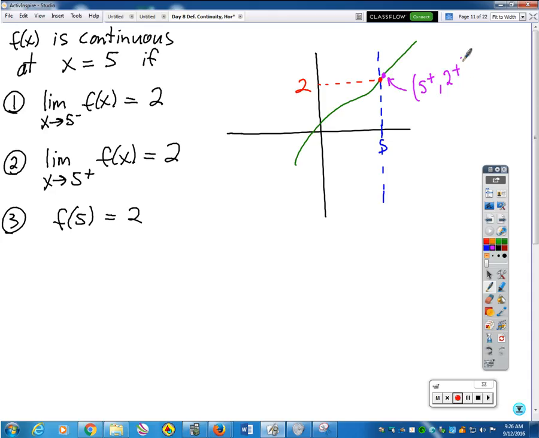Is that what you're thinking? Yeah, that's totally valid. This still makes the limit equal to 2. And so these 3 here are still perfectly equal to each other.